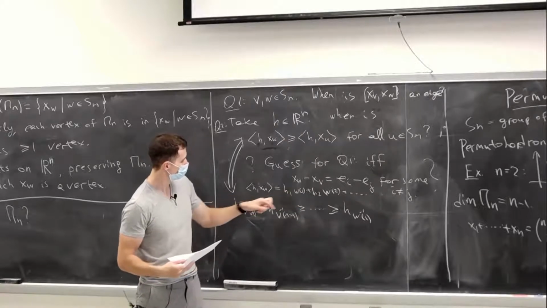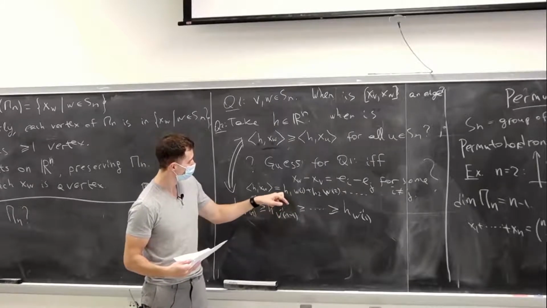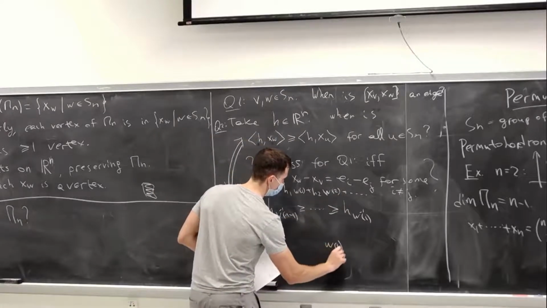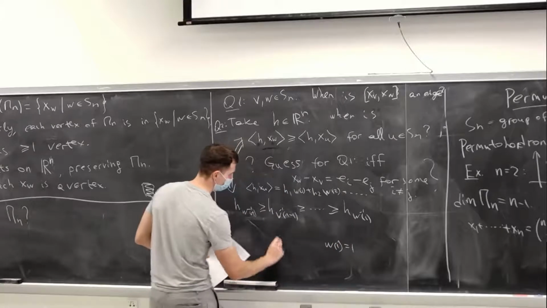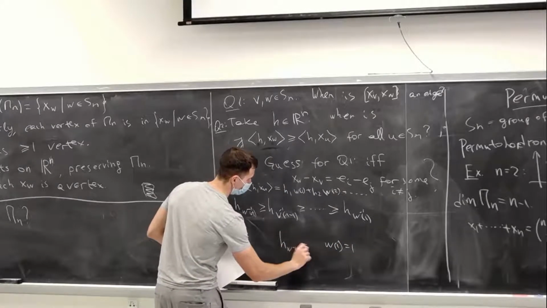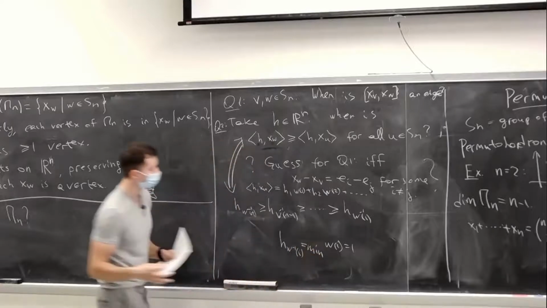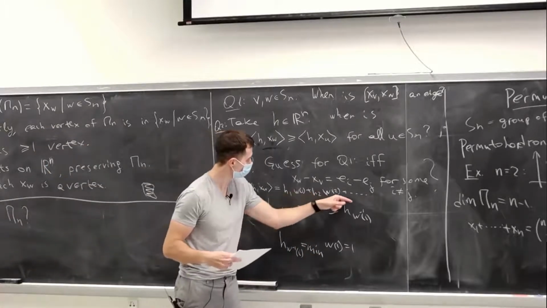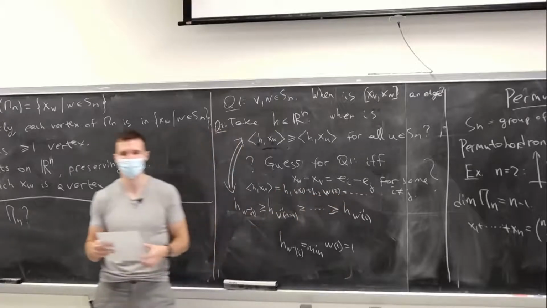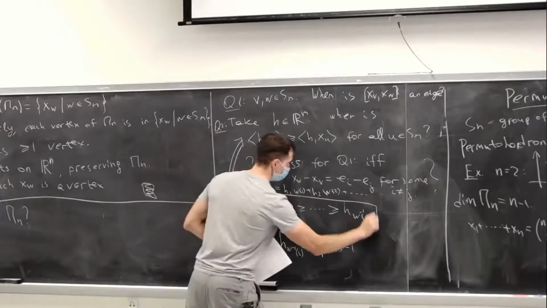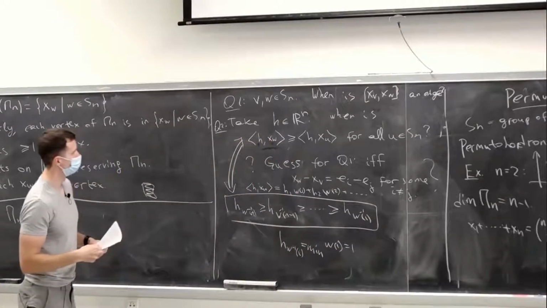So I guess somewhere in here, if w of i is equal to 1, that means that h at w inverse of i should be the minimal, right? If w of 2 is equal to 1, then h2 should be the minimal coordinate.